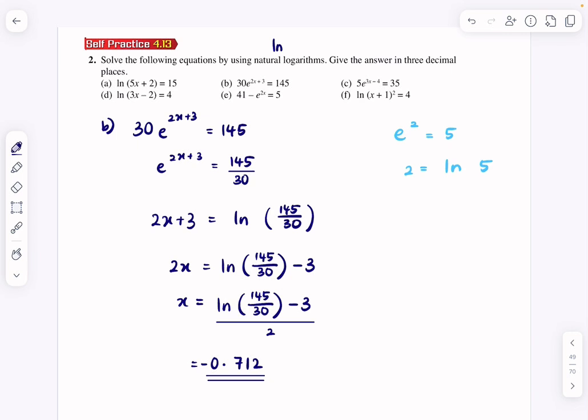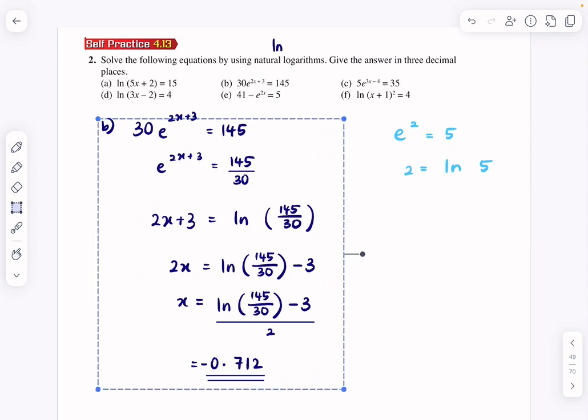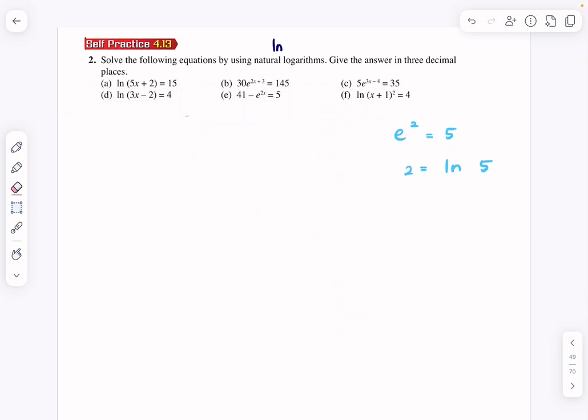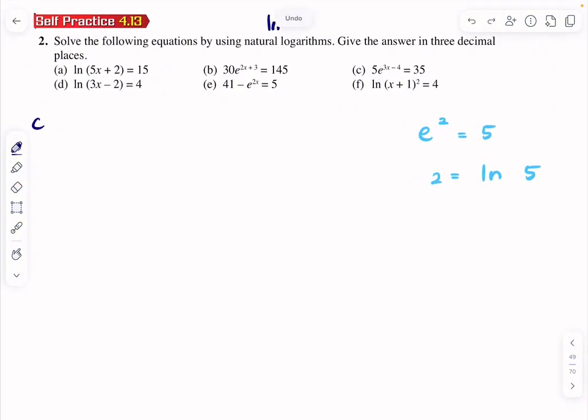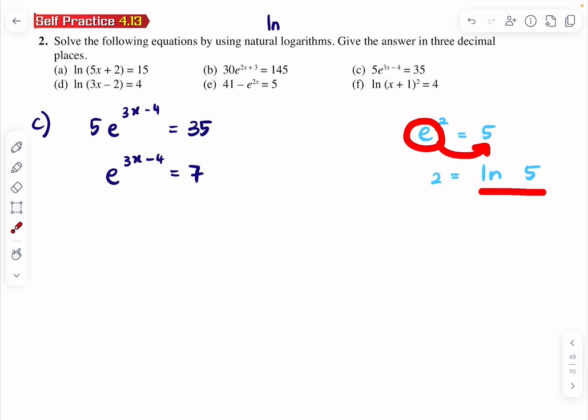Done. Let's look at C. C is almost the same as B. So 5e^(3x - 4) equals 35. We bring the 5 over there first, so it becomes 35 over 5, which is just 7. Then when we move e the other side, it becomes ln.